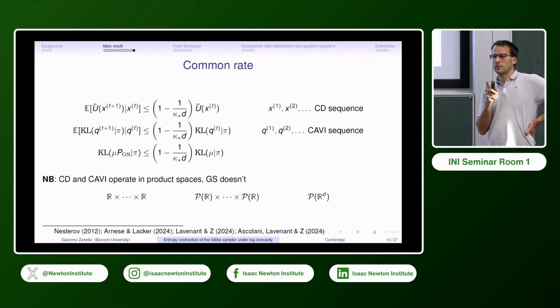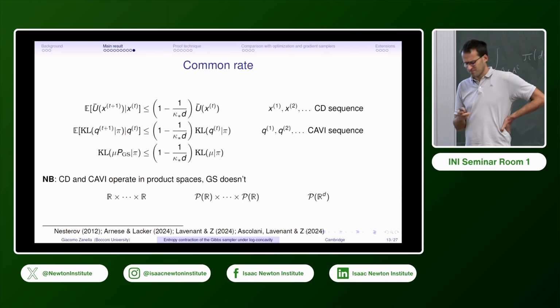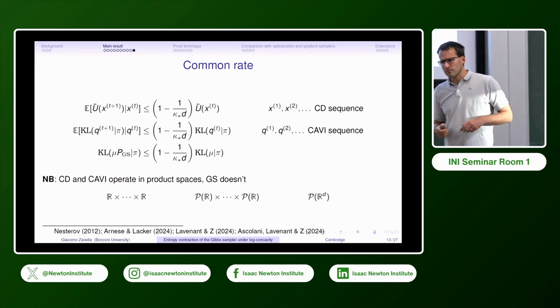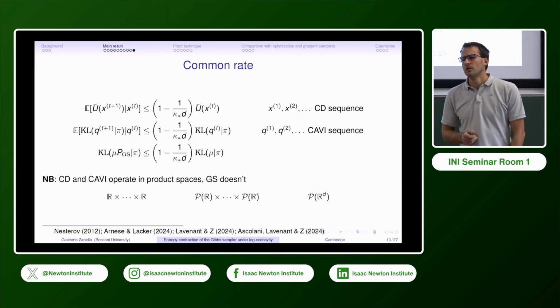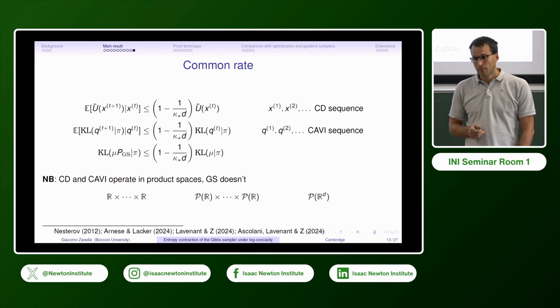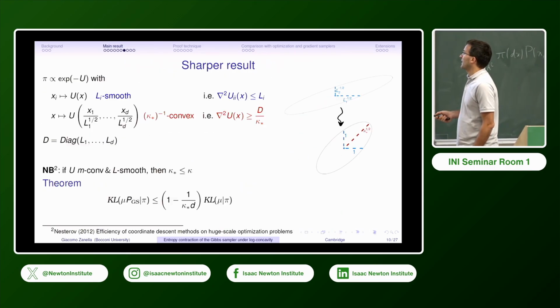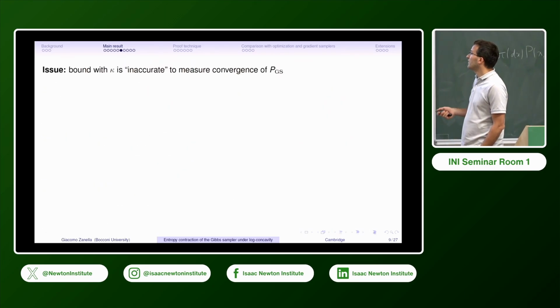Maybe there was, yeah. So the contraction rate depends on kappa and d, and when d is large, the contraction rate is very close to 1. Yes. So our perspective, the usual perspective, is that kappa and d are given.